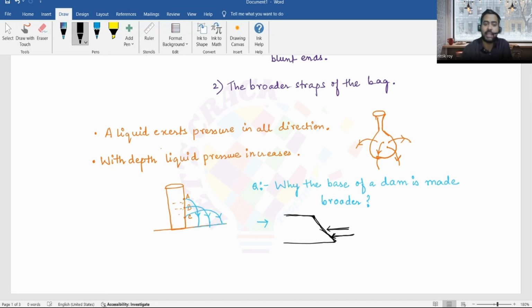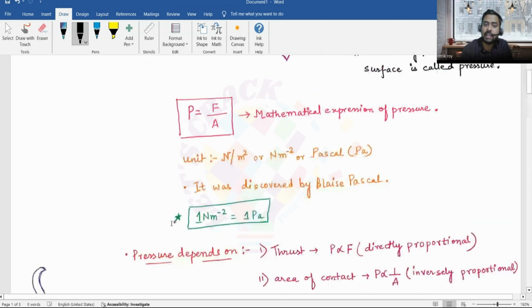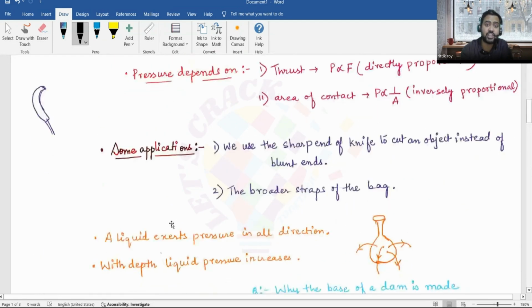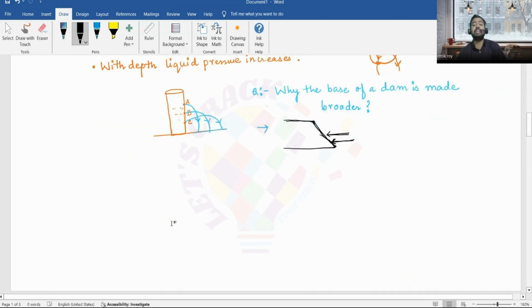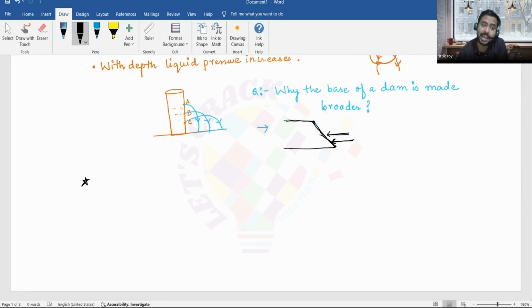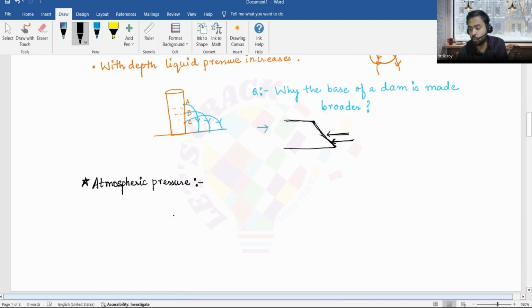Got it? Okay. Now the next thing is that if we are discussing pressure in fluids, then not only will liquid apply pressure, but it's pretty clear that air will also apply pressure. That pressure is known as atmospheric pressure. So what is atmospheric pressure?